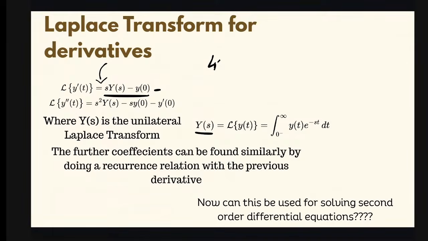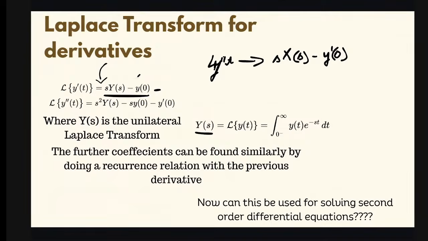Now, let's say you want to find Laplace transform of y double dash of t. Again, like Prajit covered, we'll use recurrence relations to get it. So Laplace transform of y double dash of t can be written as s times x of s minus y dash of 0. Why y dash of 0? Because here our function in consideration is y dash, L of y dash of t. Like, because our initial function is y dash of t.